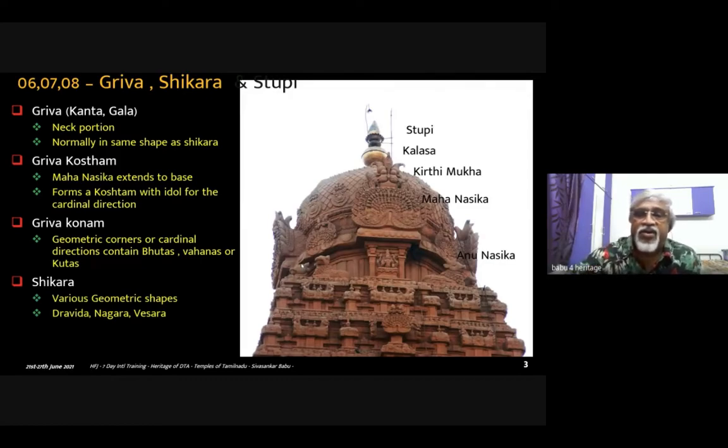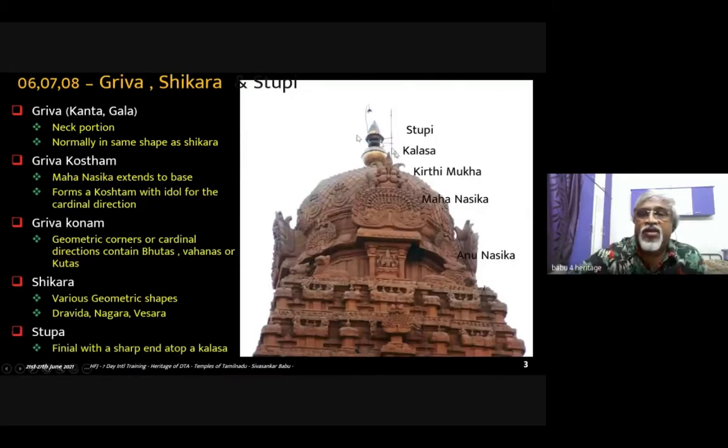Next is the actual Shikara. The Shikara may be of various geometric types. Depending on the shape, people call it a Dravida shape Vimana, a Nagara shape Vimana, or a Vesara shape Vimana if it is circular with no angles. On top of the Shikara, we have the Kumbha Kalasa, and then we have a Stupi.